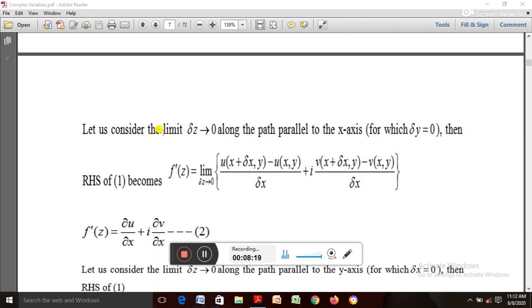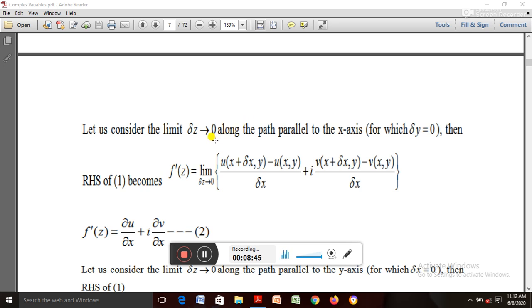Let us consider the limit delta z tends to 0. Here delta z contains two variables, delta x and delta y. So delta z tends to 0 along the path parallel to the x axis, where delta y is equal to 0. Delta z tends to 0 means either delta x is 0 or delta y is 0.